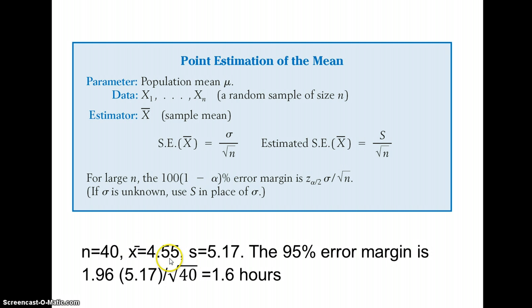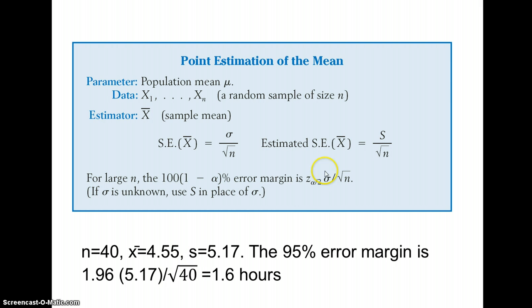Of course we use 4.55 to approximate the population mean, that is the average number of community service hours of all the students on campus, and we want to find the error margin. So what's the biggest error you're going to have, the distance from the actual population mean to your sample mean.